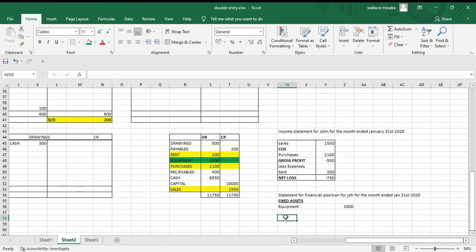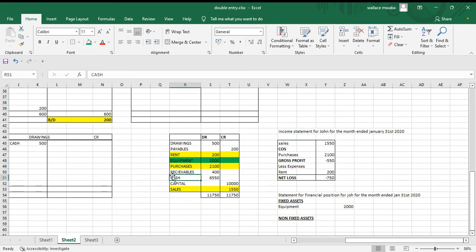Then we say non-fixed assets. Remember, these are the assets which we do not intend to keep for more than a year. Fixed assets are the assets we intend to keep for more than a year.